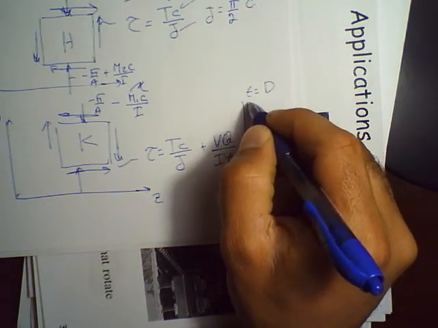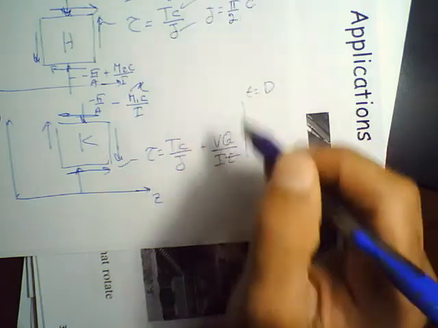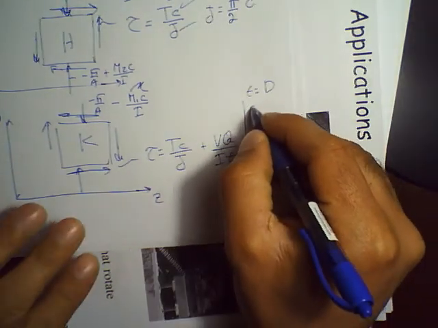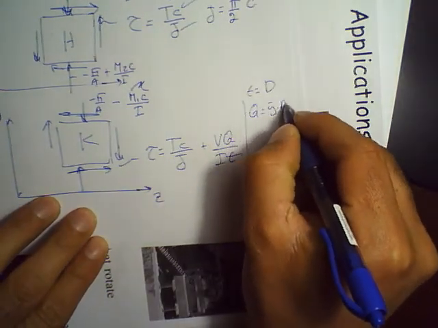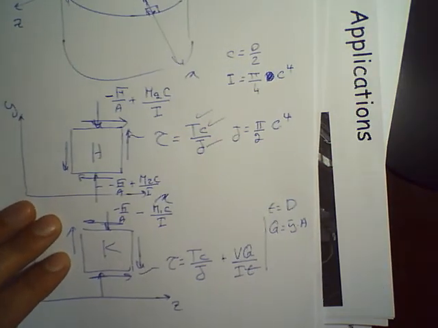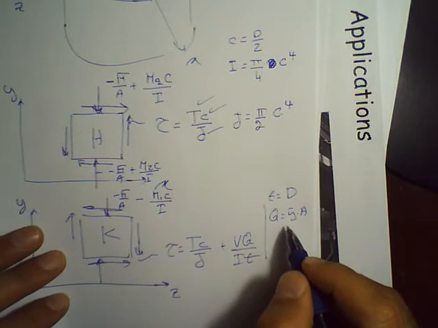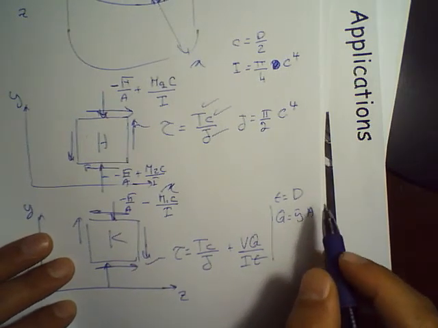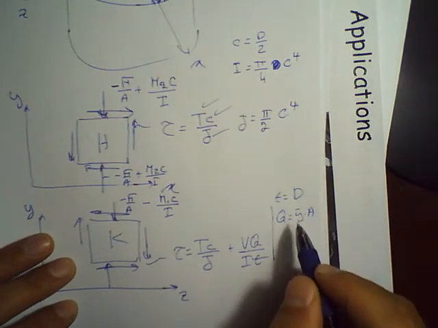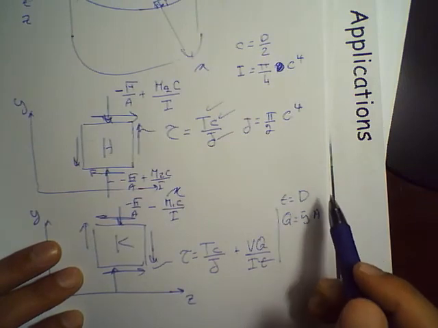I is going to be equal to, we just calculated I already. How about the Q? So Q is going to be equal to Y bar times A, right? Where Y bar is what? Y bar is going to be equal to the distance between the centroid of that cross section.